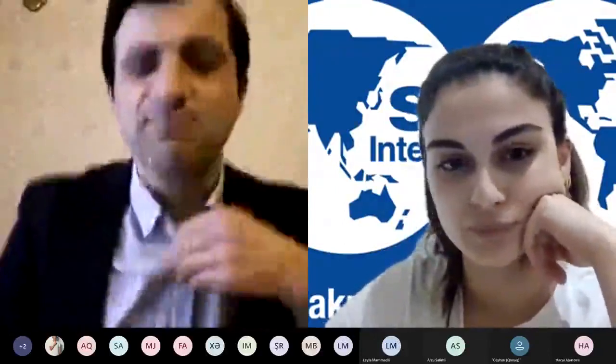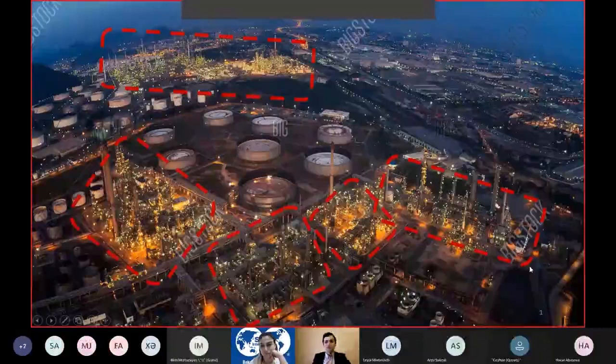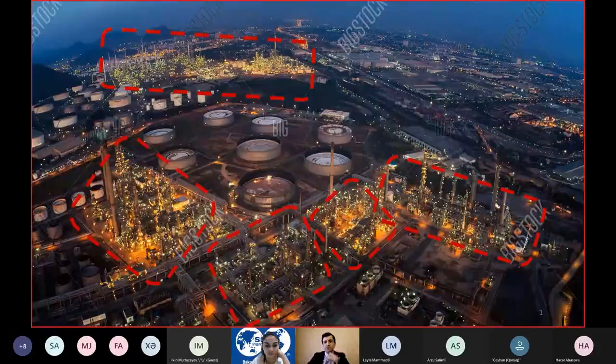This is how an oil refinery looks like, and this is not just a plant, this is a complex. What we said in the previous session is that the oil refinery consists of different units. Now I've made squares here. Each square is one unit. This is one unit, this is one unit, this is one or two units, and there are some other units in this area.